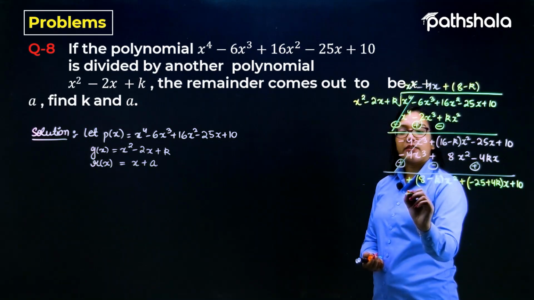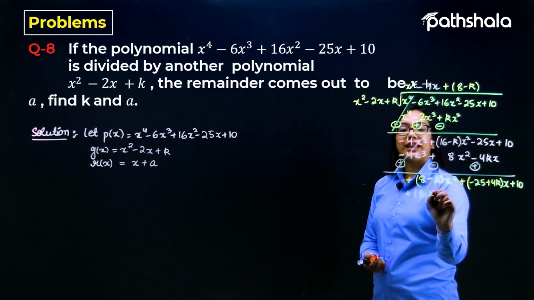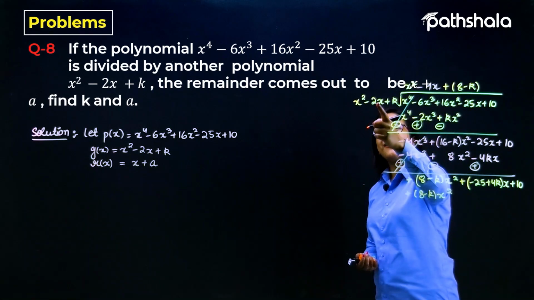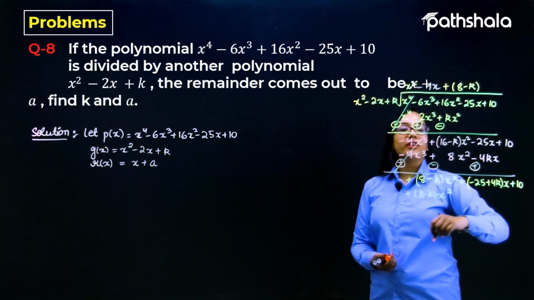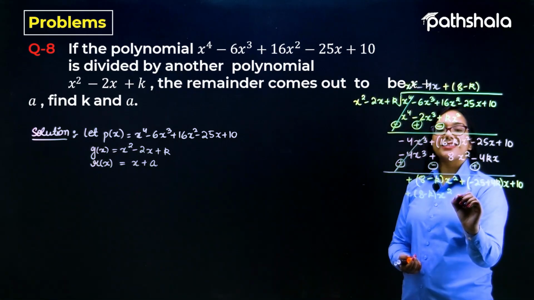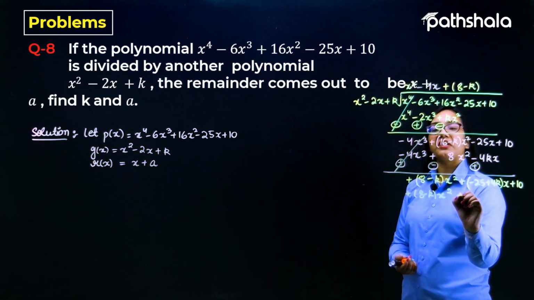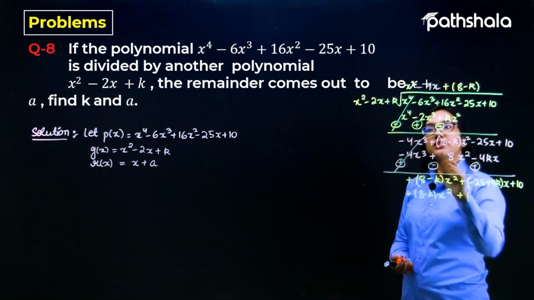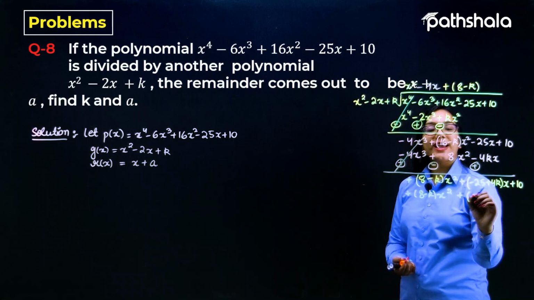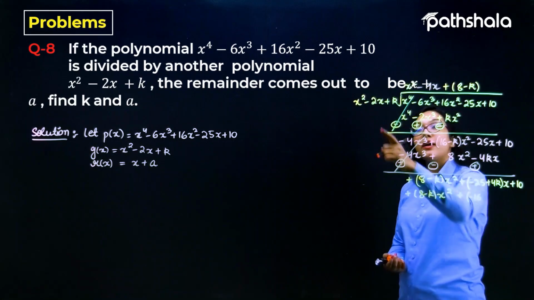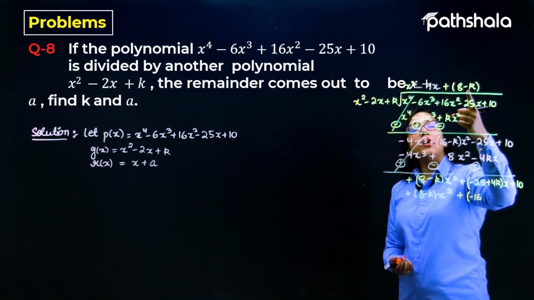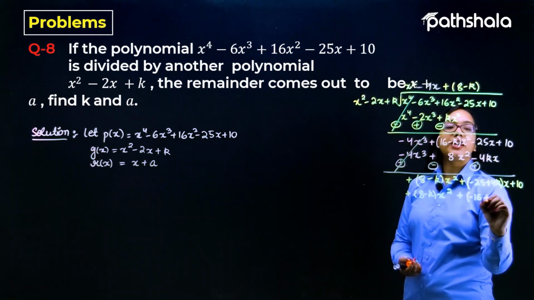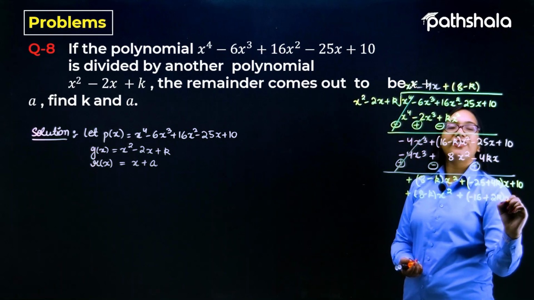So at the end, we can write it as 8 minus k x square. 8 minus k when multiplied with minus 2x, we will get minus 2 into 8 as minus 16, minus 2 times minus k is plus 2k, plus 2k of x.